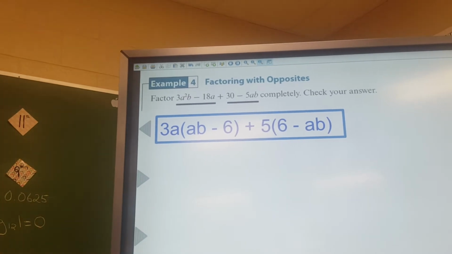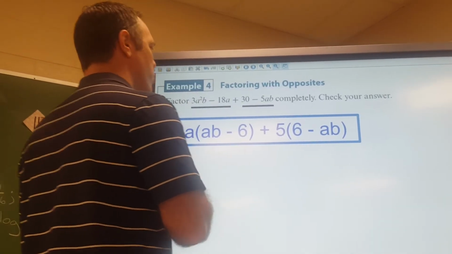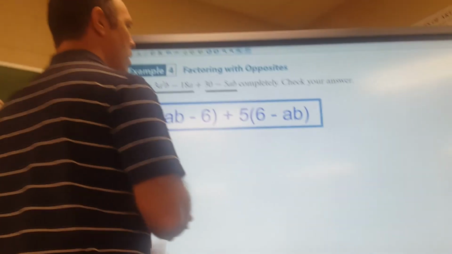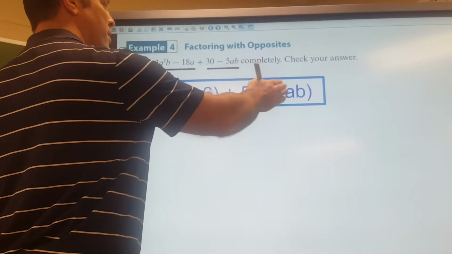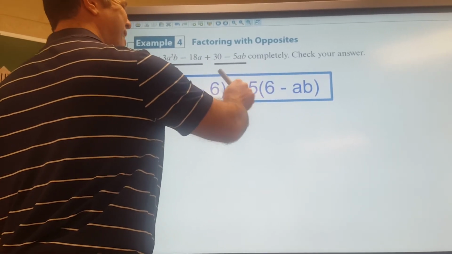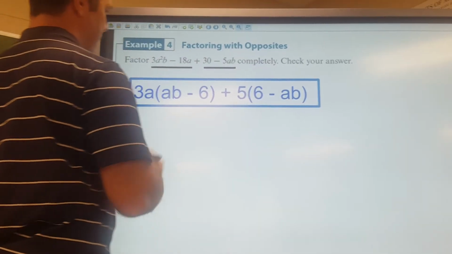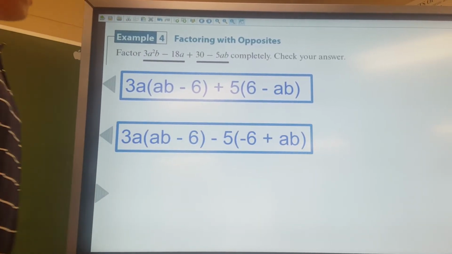They are opposites. So what do we do when we have opposites? Because if they are opposites, we can make them the same. All right, now let's do this. So if we want the opposite sign inside of here, if we take that plus and make it a minus, wouldn't that change the signs inside? Yes, it would. So that's what we're going to do.